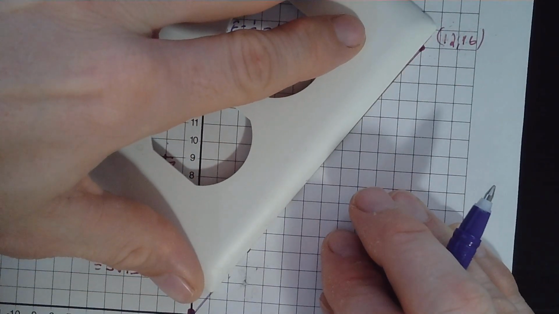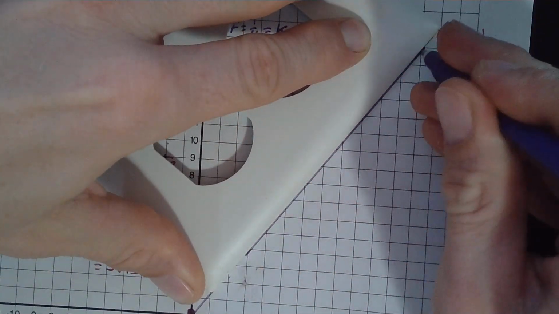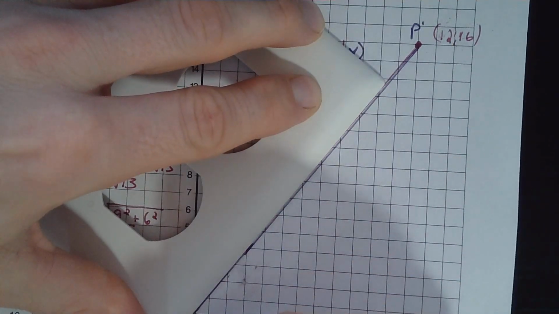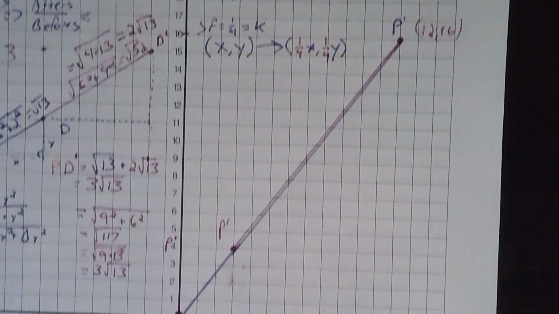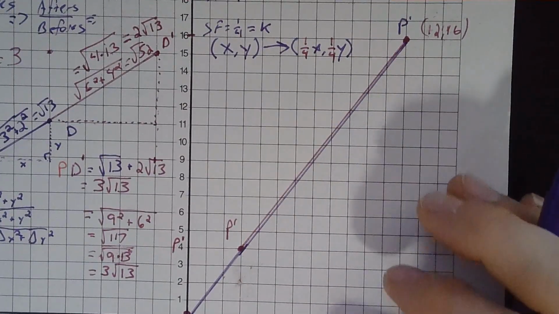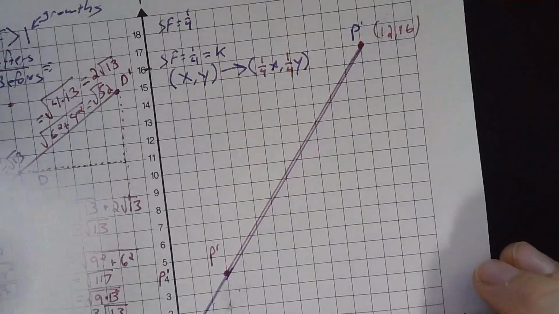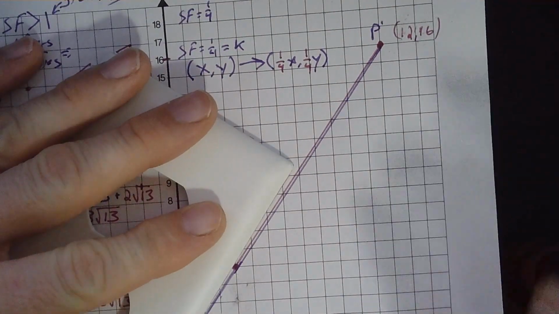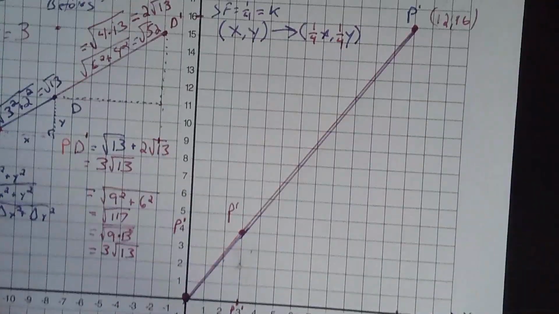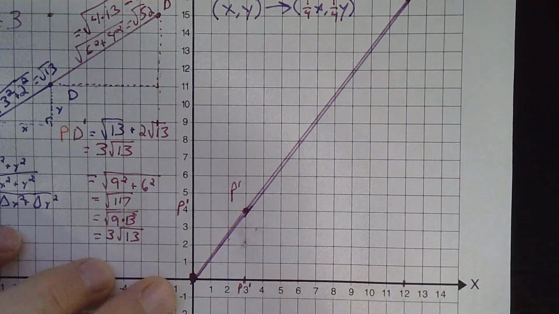My initial distance is this entire thing here. And my final distance is this red one that I'm about to draw. And this burgundy distance is how much it shrank, from the point of dilation.